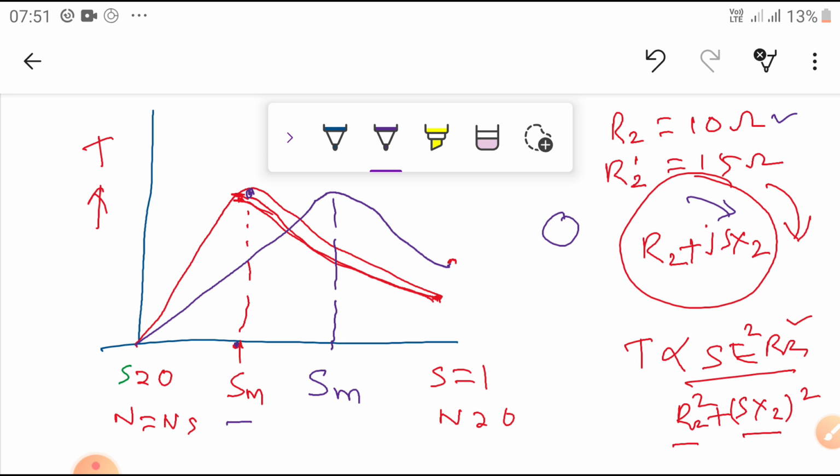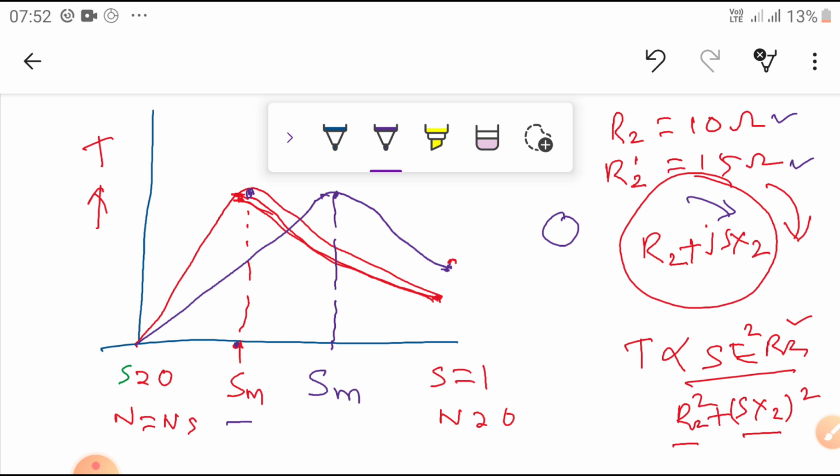But in the second case, if I add the load, it will try to take more load up to developing the maximum torque. That means it can take more load. Instead of 5 kgs I can add up to 7-8 kgs. After that it is going to get the maximum torque, and after that it is going to decrease. That means the starting torque is also increased.